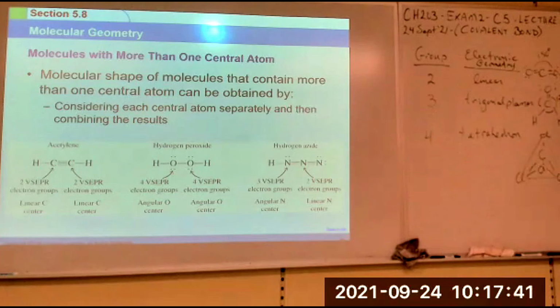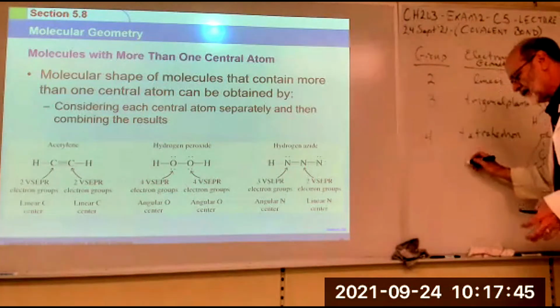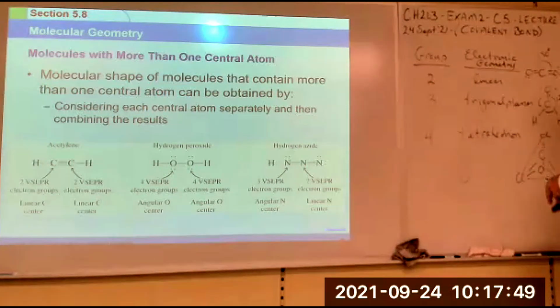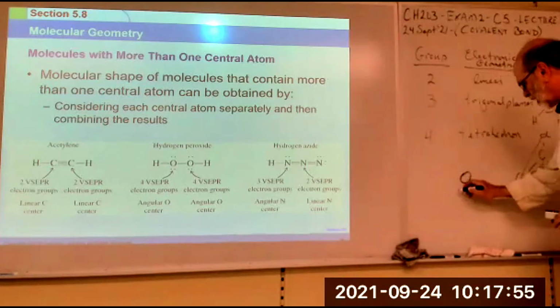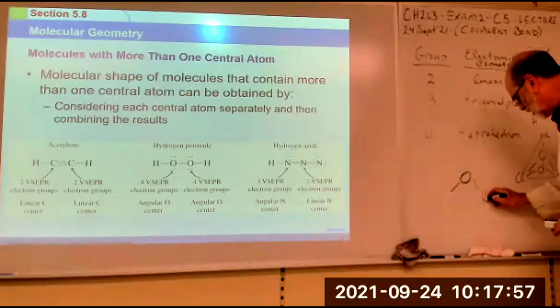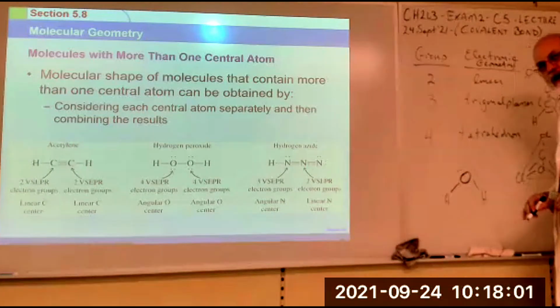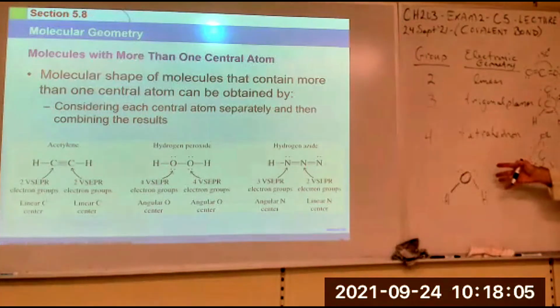Now, if you do have lone pairs, like oxygen, water. Water would be like this, and you'd have 2 lone pairs up here. That's the Lewis dot structure. Since you have 4 groups, that would be in a tetrahedron.